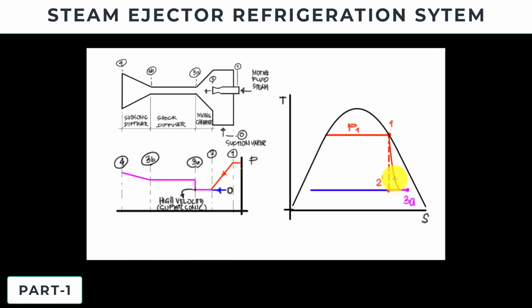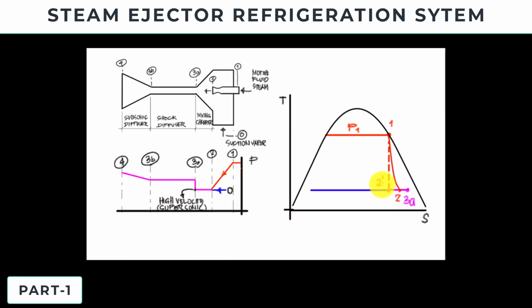So you notice here we have the deviation, there is a curvature. So that represents the efficiency, o yung pagbabago ng entropy from point 1 to point 2, so it will not be constant.